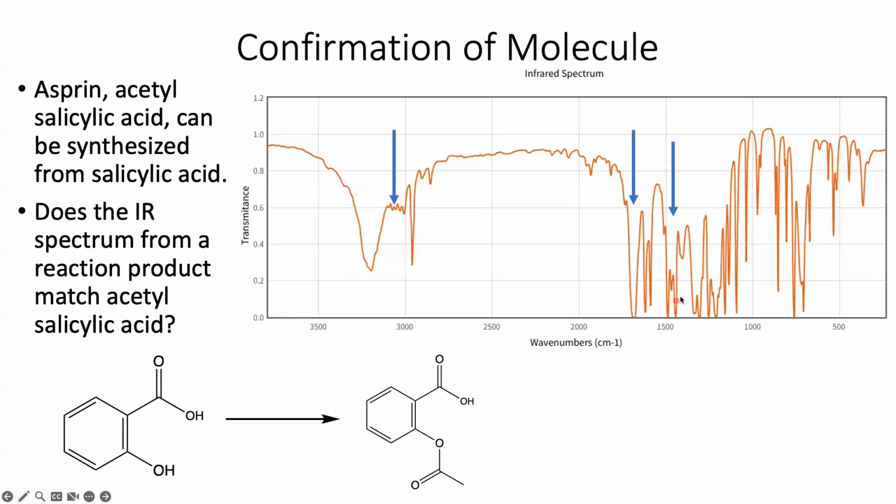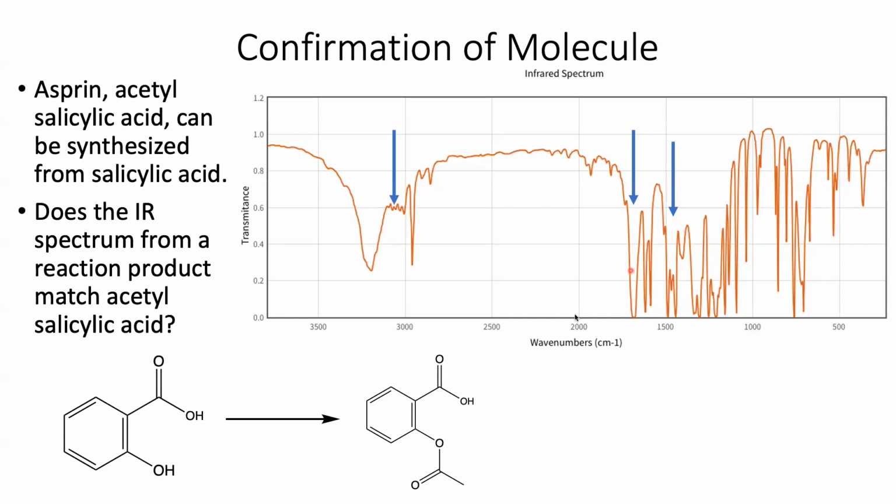Again, this 1400-1500 region isn't incredibly diagnostic, as alkanes can get in there, but I don't have a ton of alkane peaks. So this is, again, very consistent with an aromatic region.